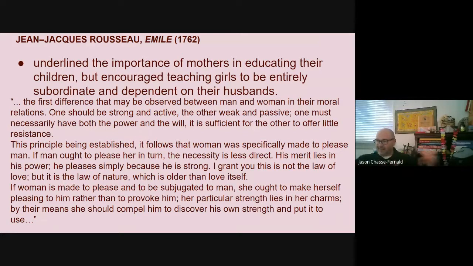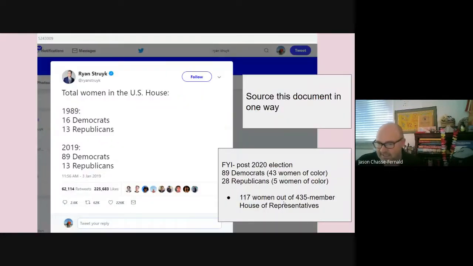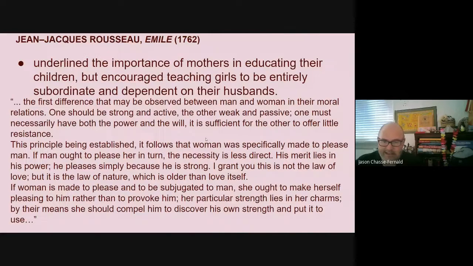After starting with the overall numbers, 117 out of 435 members, we asked where women's equality is today, and what that means. After that, we looked at some of the Enlightenment thinkers.